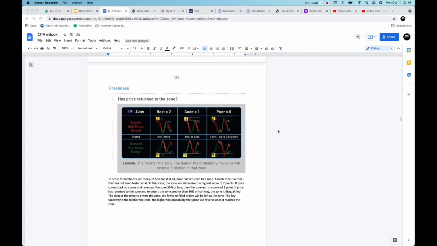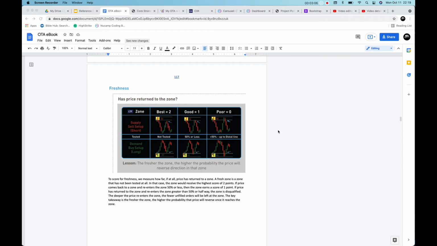To score for freshness, we measure how far, if at all, price has returned to a zone. A fresh zone is a zone that has not been tested. In that case, the zone would receive the highest score of 2 points. If price comes back to a zone and re-enters the zone 50% or less, then the zone earns a score of 1 point.